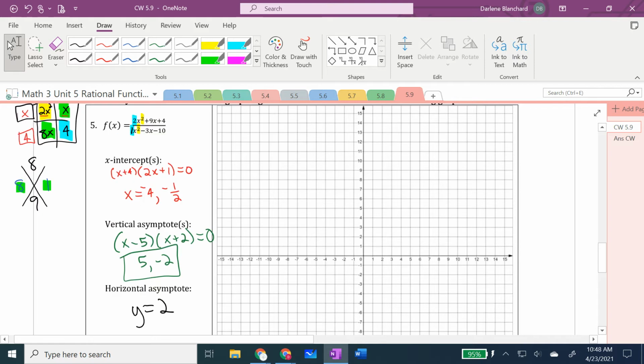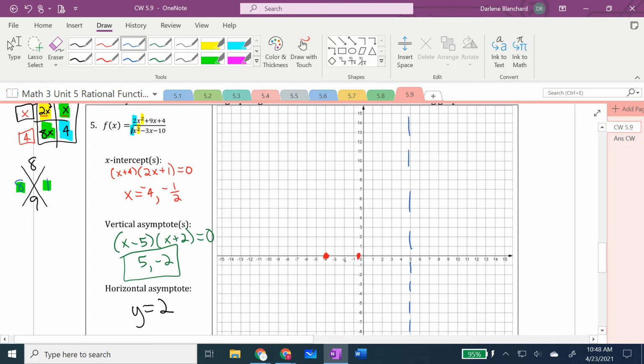So I'm going to plot my x-intercepts, negative 4 and negative 1/2. I have vertical asymptotes, 2 of them. One is at positive 5. I'm going to draw my vertical asymptote.